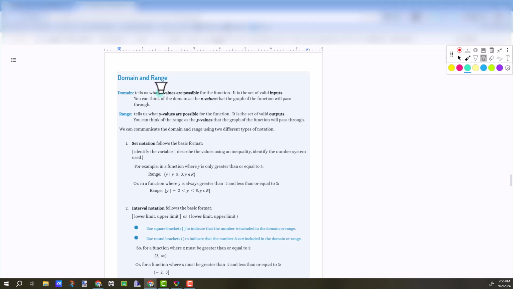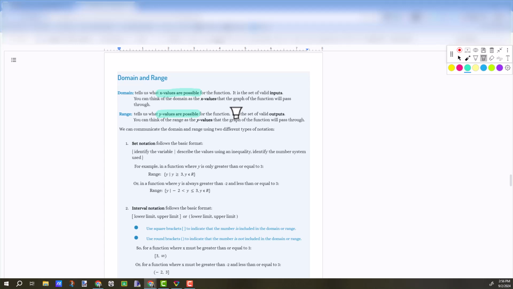Remember that the domain tells us what x values are possible, in other words, the ones that we can use. The range tells us what y values are possible. In other words, if we picked any point on the graph, the y-coordinate would be part of the range, and the x-coordinate would be part of the domain.